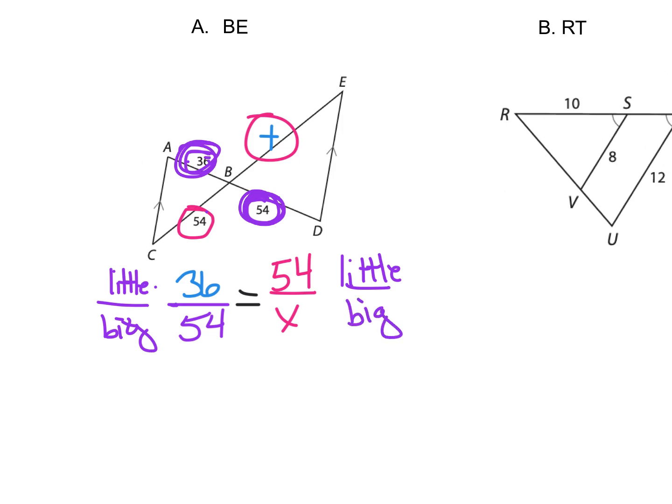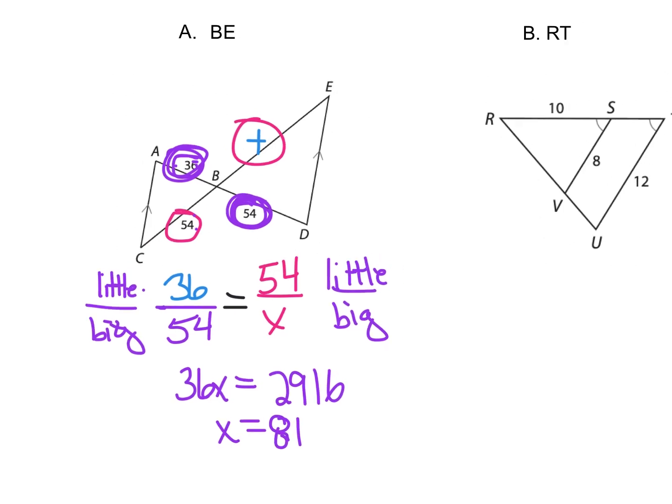You got to follow the same pattern. This is kind of weird because they have the same number in 54. So, and then we just cross multiply, and then divide that by 36. I get X equals 81. All right.